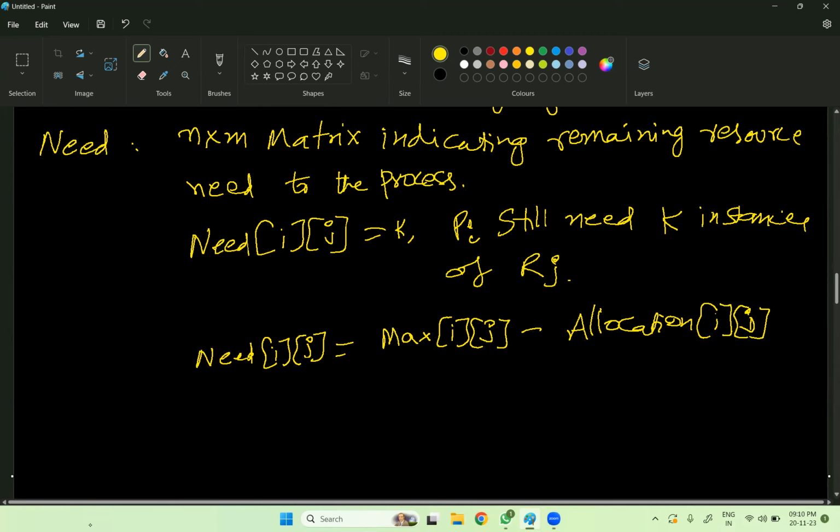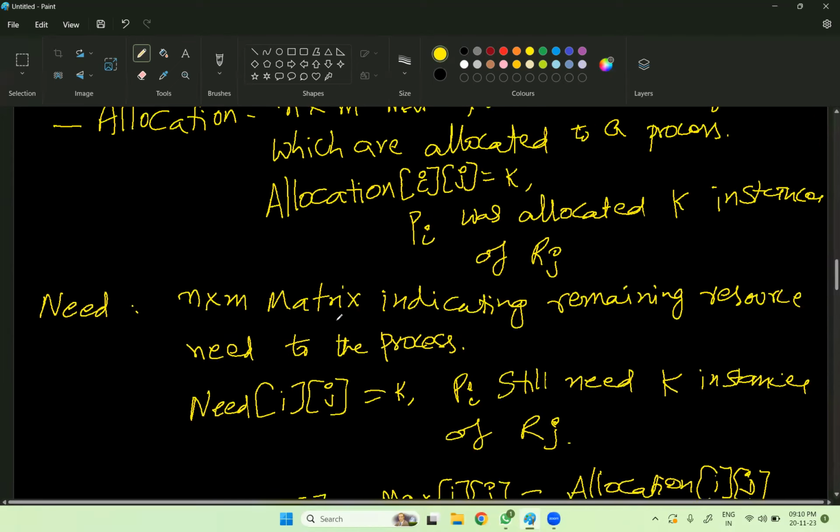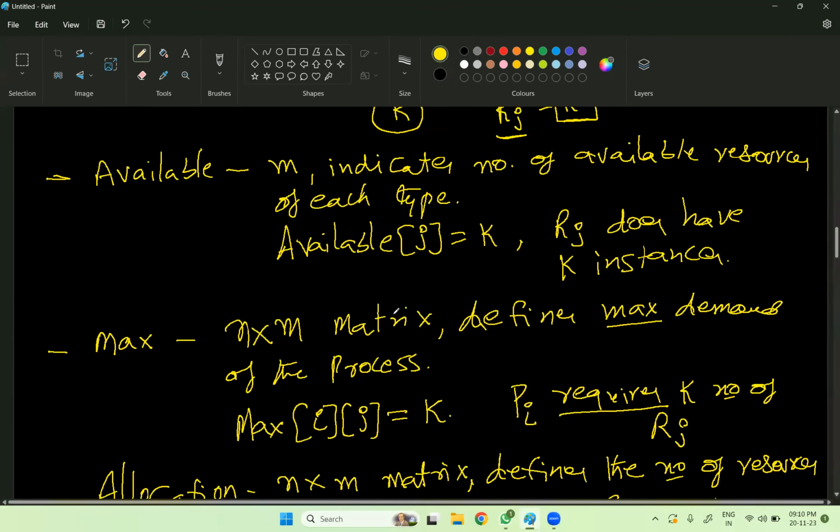So these are the 4 different types of data structures which are required here. Here you are expected to consider available. This is the number of instances of a particular resource type which are available within the system. Resource type Rj does have k instances; only these many are available to me in the system.